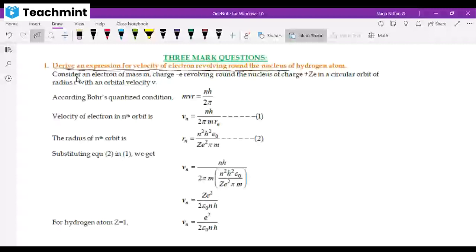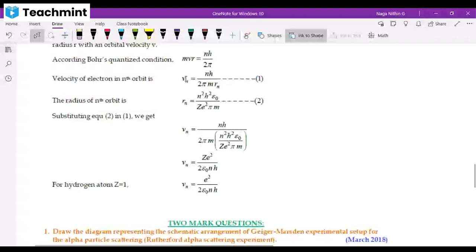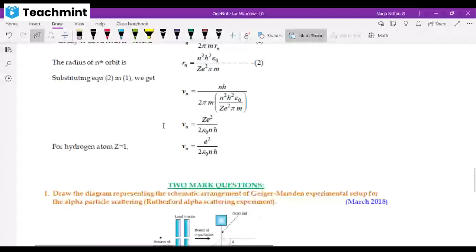Expression for the velocity of the electron. We will take the second postulate, from that we write the V value and substitute the R value. Finally, we get the velocity of the electron in the nth orbit.